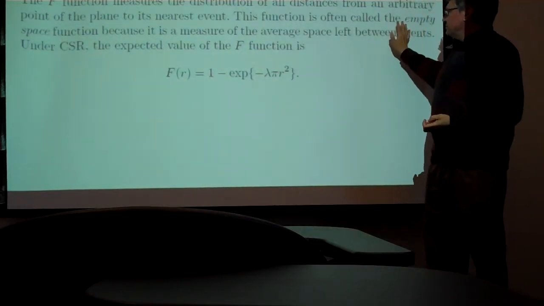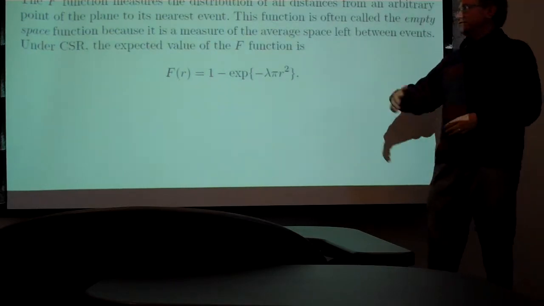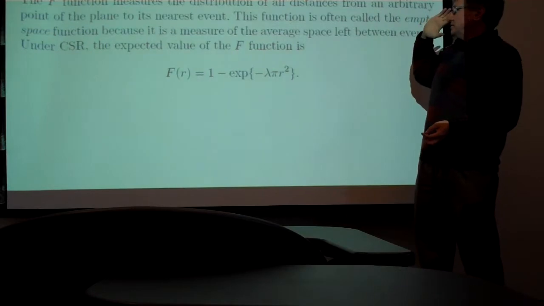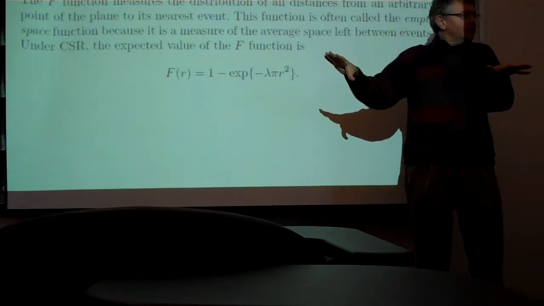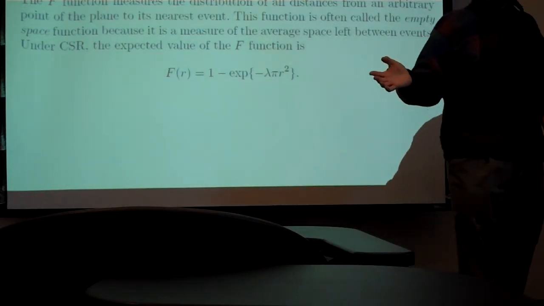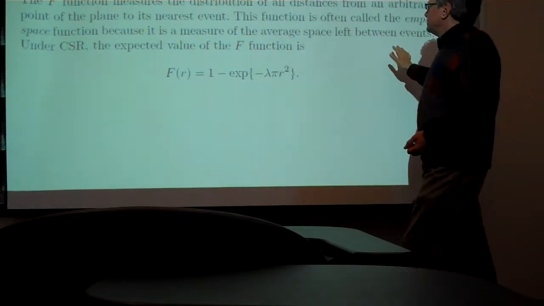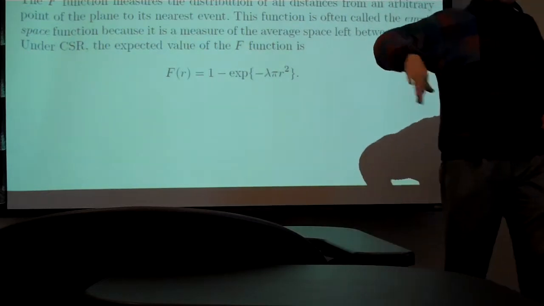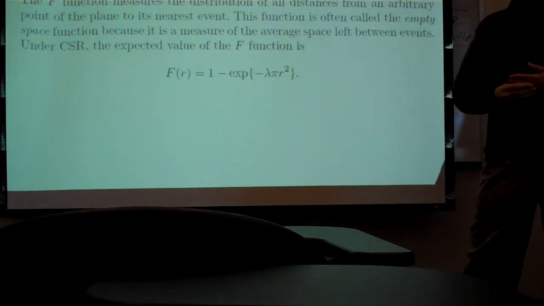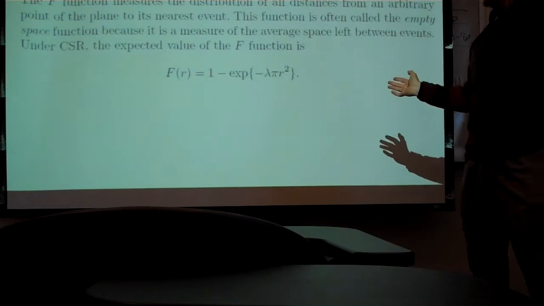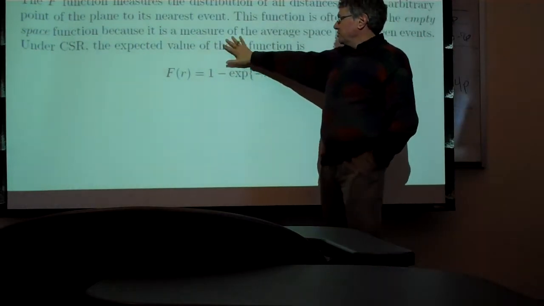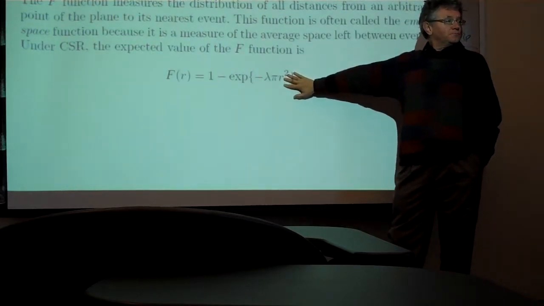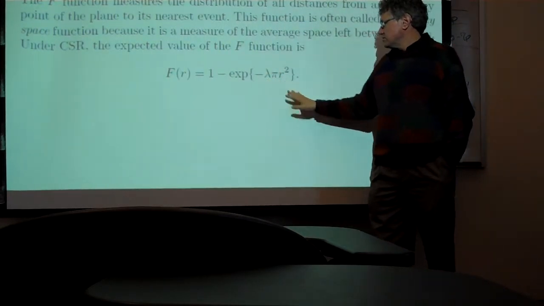And then similarly, you look at this distribution now, where you can map every point on the plane, say how far away is the nearest event, and then again look at the cumulative distribution function. It's not going to be a continuous function because there's an infinite number of points you can measure it from. Again, under complete spatial randomness, the expected value has this same form.